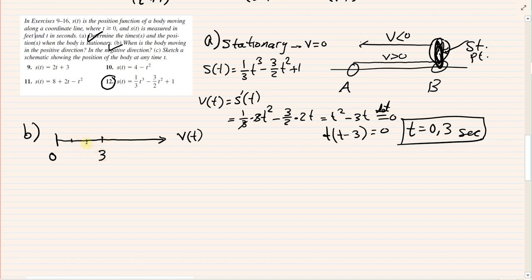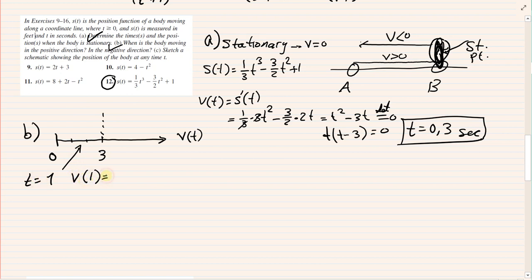Now, what I need to do is this. At 3, we're going to look at the sign of the velocity, because remember, that's the stationary point, neither positive nor negative. So we want to know, is it positive, negative here, or does it transition from negative into positive? The velocity, that is. So I'm going to pick a test point, like t equals 1.